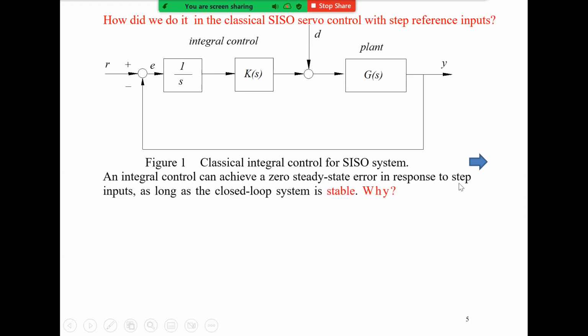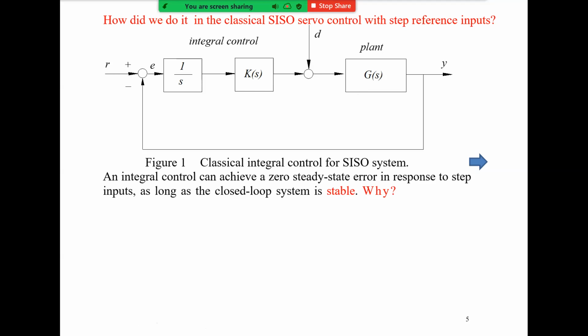We want to emphasize the role of the integrator in achieving zero steady state error. With an integrator, we can make sure that the error signal, the difference between the reference signal and the output, can go to 0. But we need an integrator.